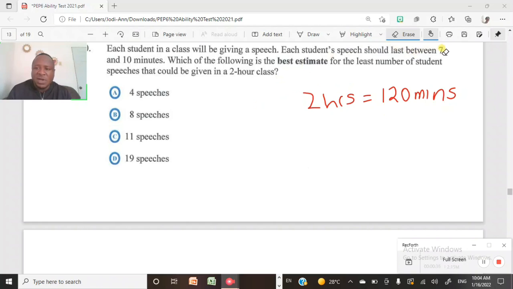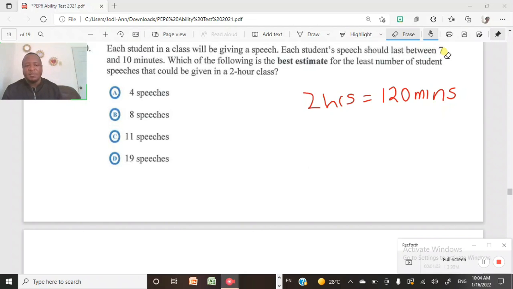So you should get 17 speeches. You can't get 19. Although it says estimate and 19 is close to 17, it can't be 19 speeches because you couldn't reach it out of 120 minutes by giving the least amount of minutes.